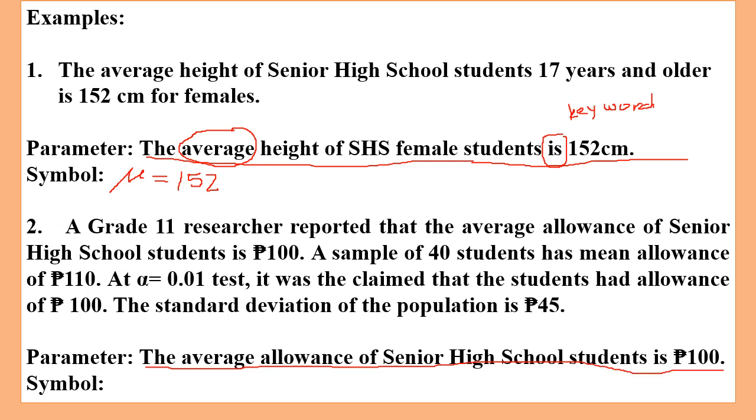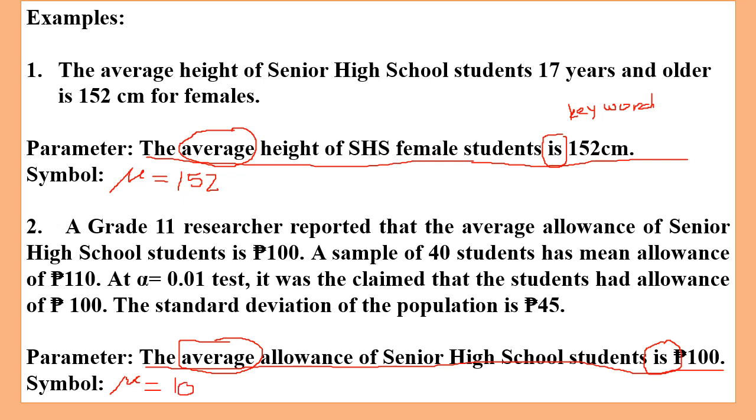Now, let's focus on the word average. In parameter, it is symbolized as the mu. The keyword here is still the word is, and is is the symbol of the equal sign, and our amount is 100.